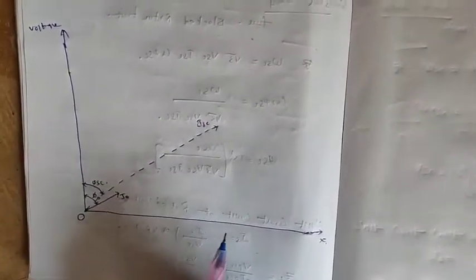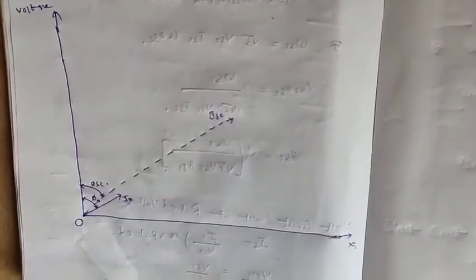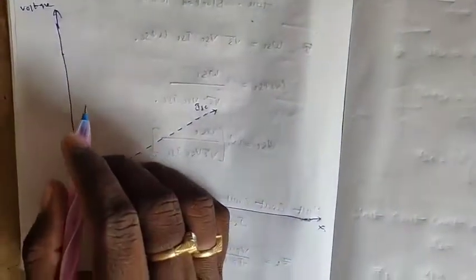After that, we have to add these two vectorially. So we have to put points.